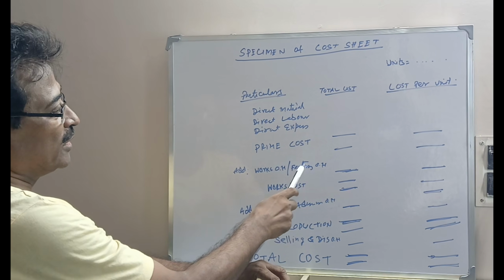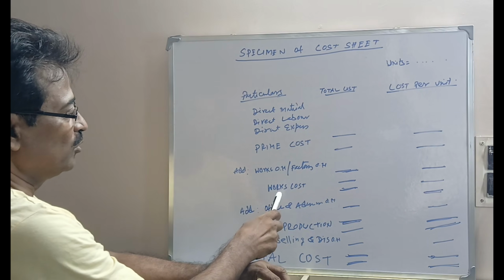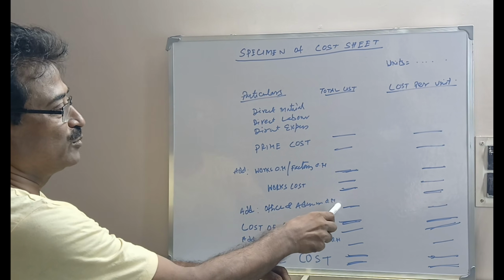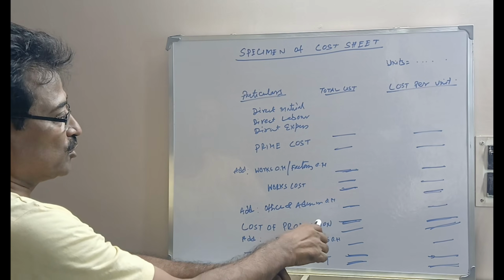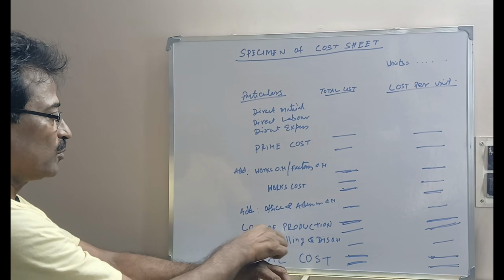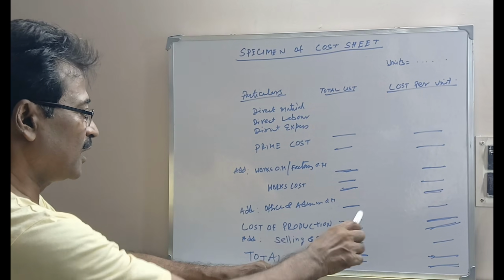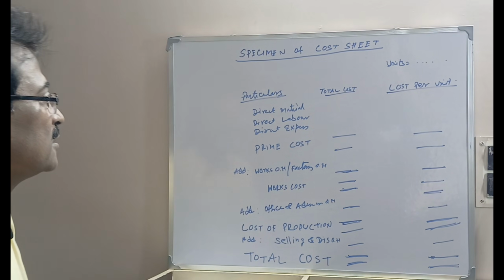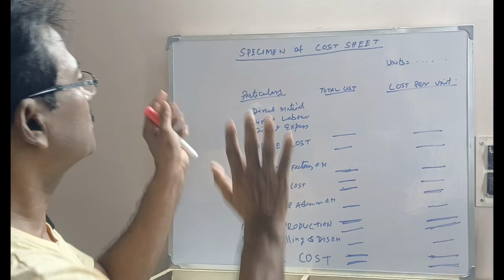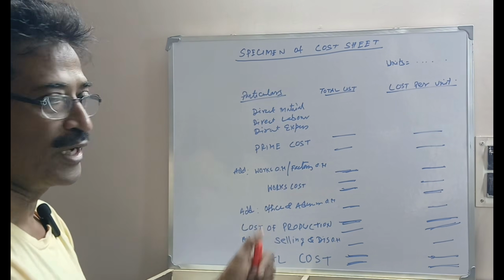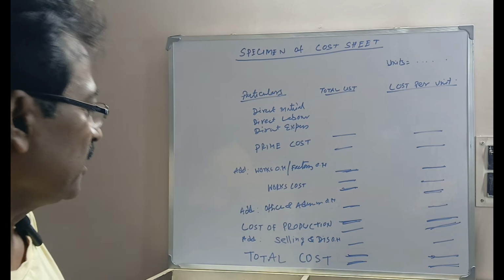Add works overhead or factory overhead and we will get work cost. With the work cost add office and administrative overhead, we will get cost of production, and with cost of production add selling and distribution overhead, we will get the total cost. Okay, and this is the specimen actual format of finding out the total cost of a product.